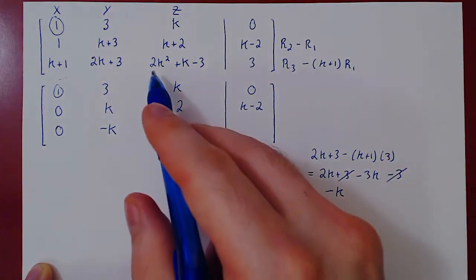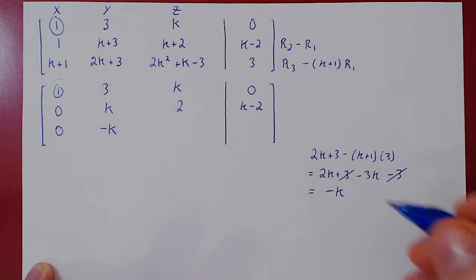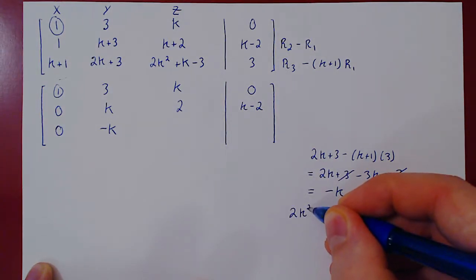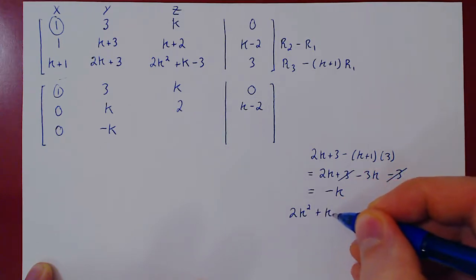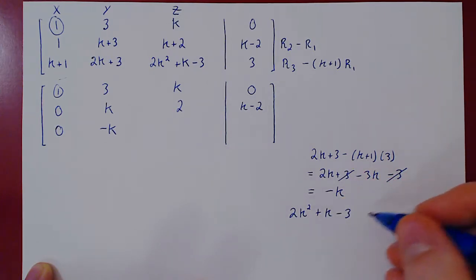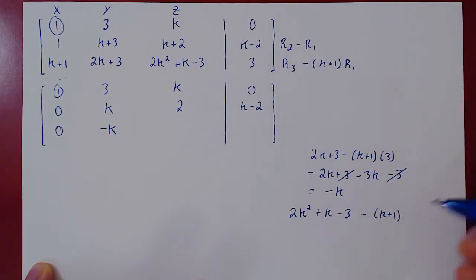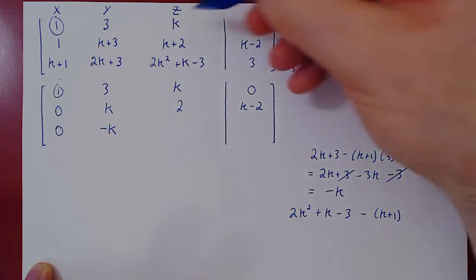Second entry, 2k squared plus k minus 3, minus k plus 1 times the entry in row 1, which is k.